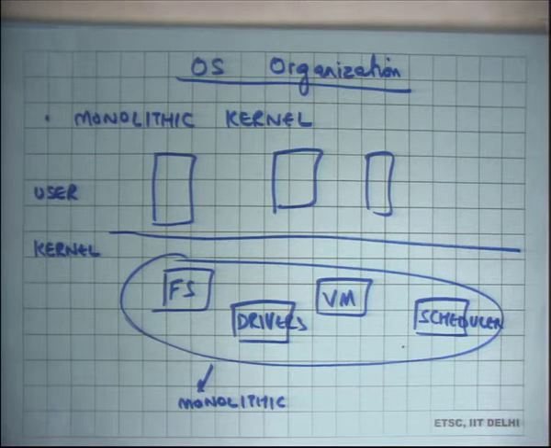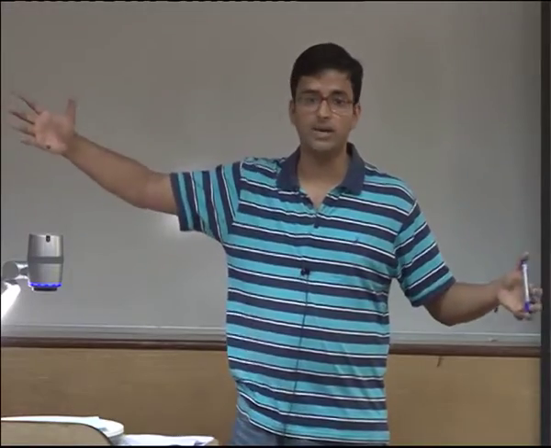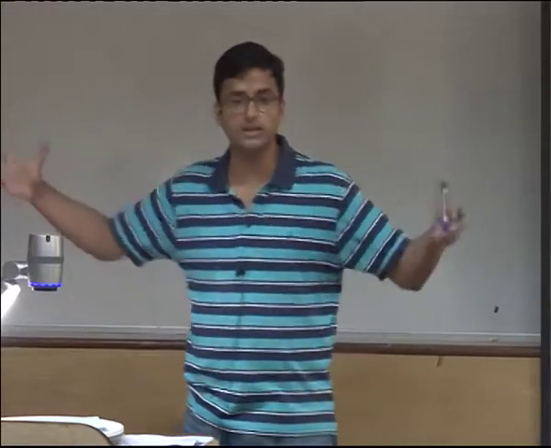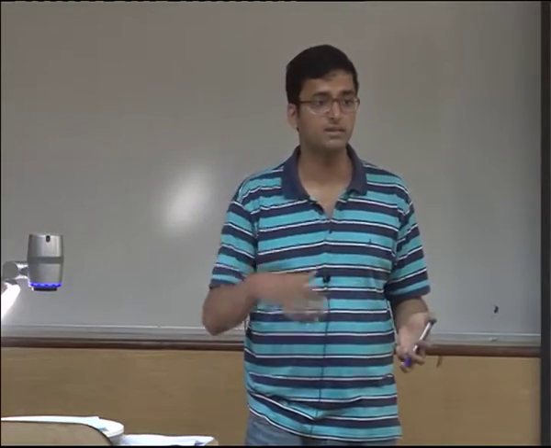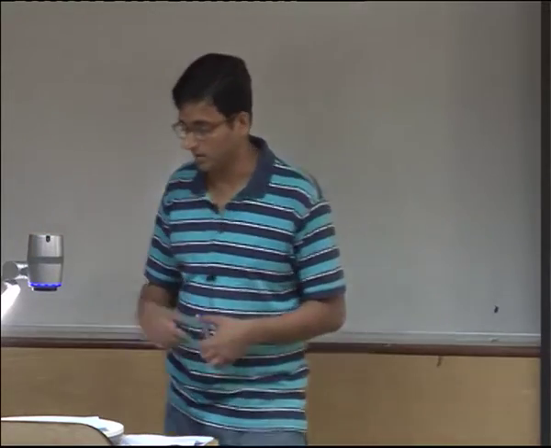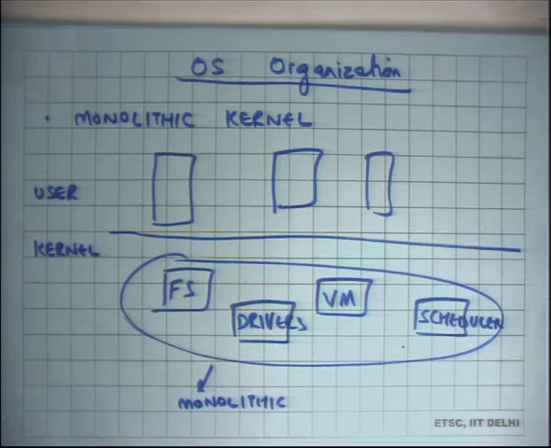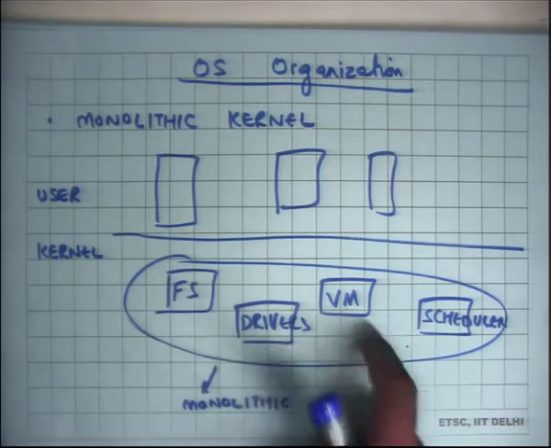So there's very weak isolation between all these different components. And so it can gradually become really large. This whole monolithic kernel can become really large, especially the device drivers, because there are so many devices, they become a problem. The other issue is that performance has to be tuned.